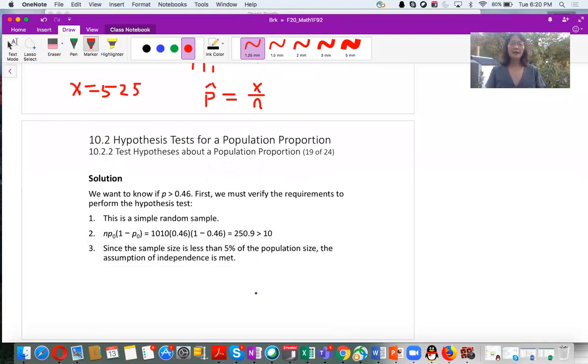Before we do any hypothesis test, we want to make sure the requirements are met. Remember the 3 requirements. The first one, simple random sample. We usually assume it is a simple random sample.